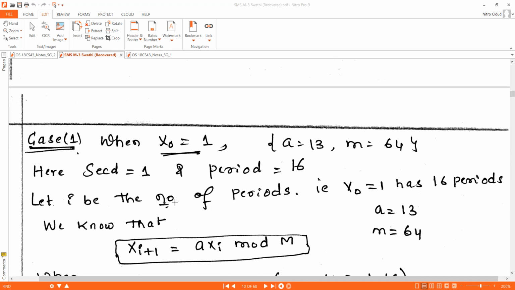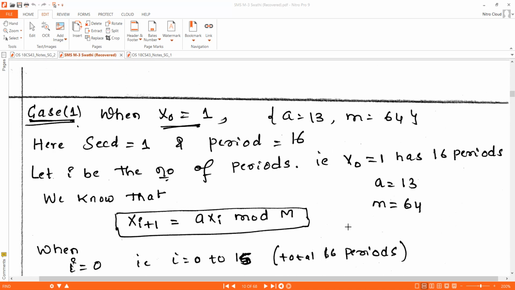So let I be the number of periods. x naught equal to 1 has 16 periods, and they have asked us to find the xi values for the period of 16.